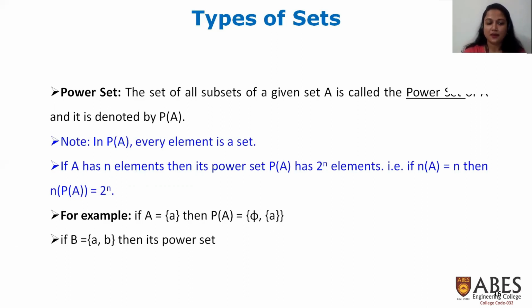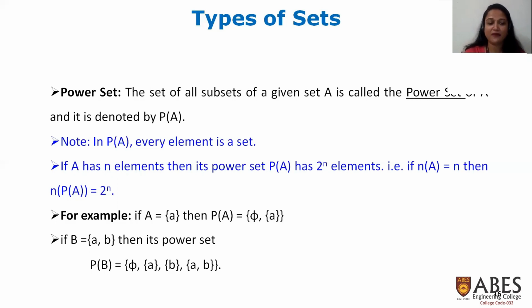Now B has 2 elements. In that case, the power set will consist of 4 elements because we have already seen that if n elements are there in a set, then its power set will consist of 2 raised to power n elements. Therefore, it will consist of 4 elements.